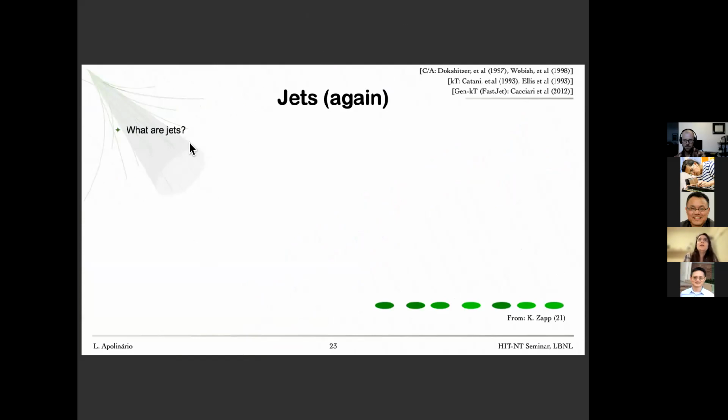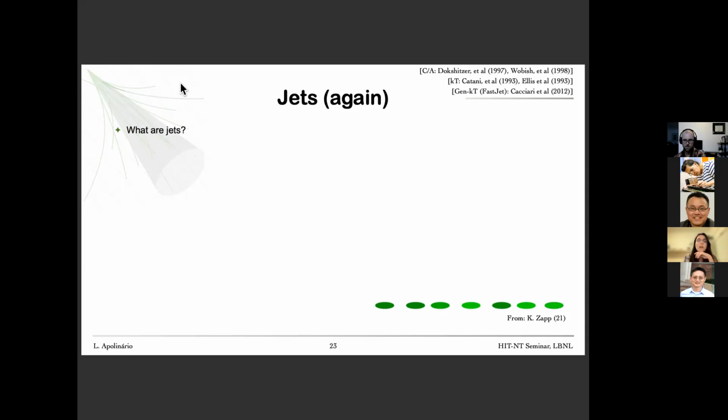Let's say that we look again at the jets and we try to understand exactly what these jets are. From an operational point of view, the definition is just a cluster of final state particles. We don't know anything about their origin or how they get to the detector.